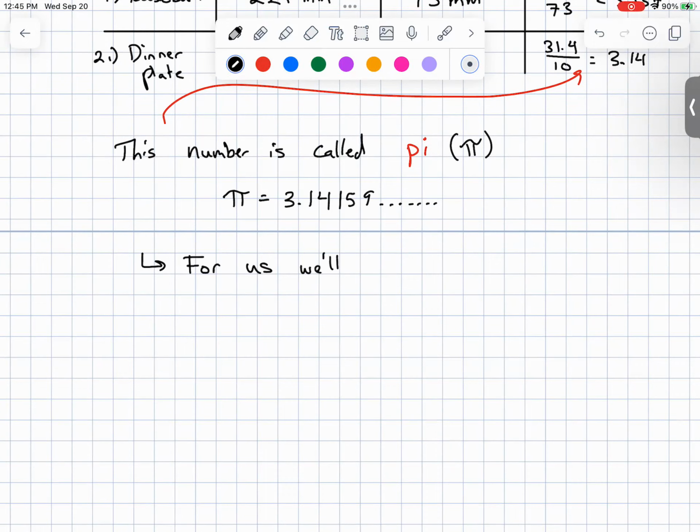For us, we'll use the approximation that pi is roughly 3.14. So for all your homeworks, quizzes, and exams, you're going to use 3.14 whenever pi is used.